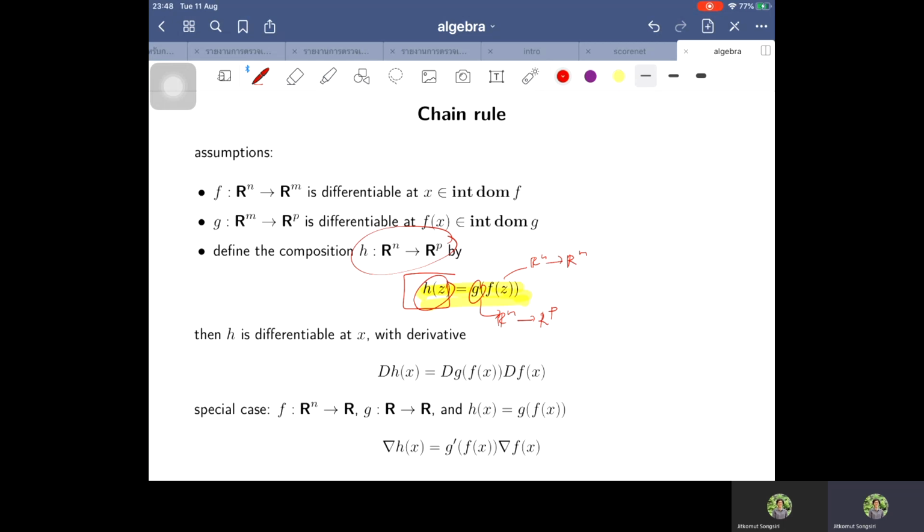But because g and f are both vector-valued functions, to apply the chain rule you need to be careful with the order of multiplication, because the Jacobians of g and f are both matrices. The result is that the Jacobian matrix of h is the Jacobian of g evaluated at f, multiplied by the Jacobian of f.